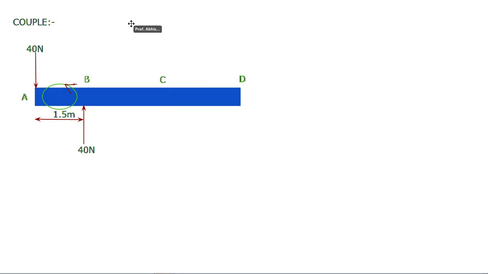Now after that, the distances are given here. From point B to C, the distance is 2 meter, and from C to D, the distance is 2.5 meter.